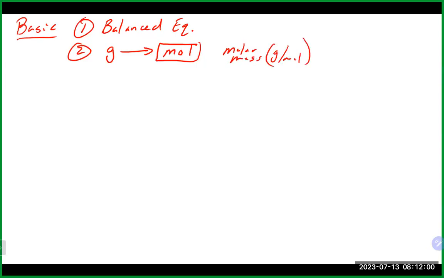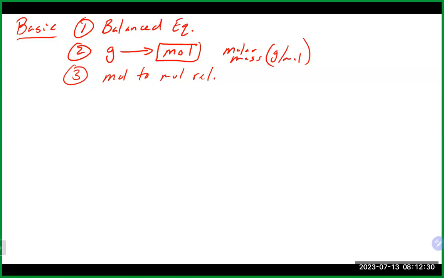And the reason why we've got to get it into moles is because we use the mole-to-mole relationship from the equation. And that is really the third step, which is the mole-to-mole relationship. The reason we need to do that is because we're given information about something we're really not interested in. And we need a conversion factor to go from what they gave us to what we are interested in in the reaction.